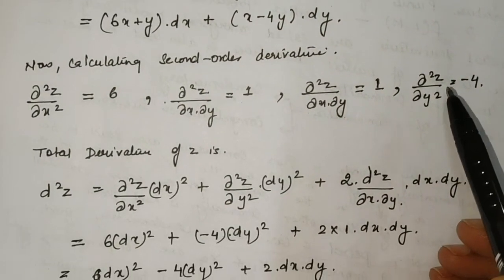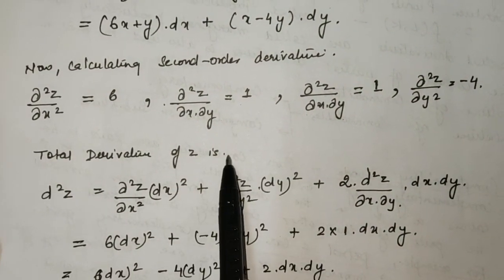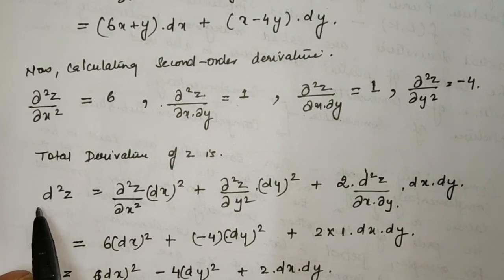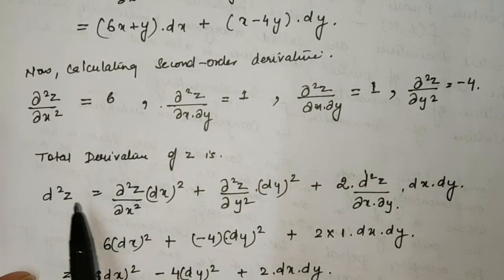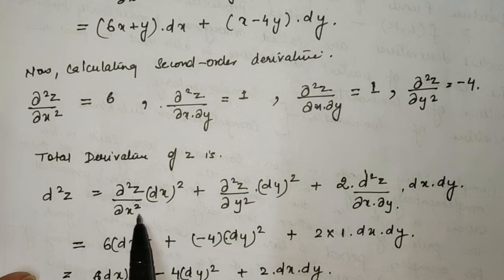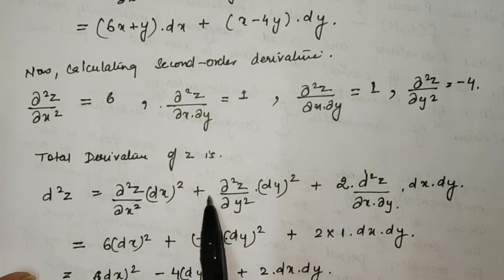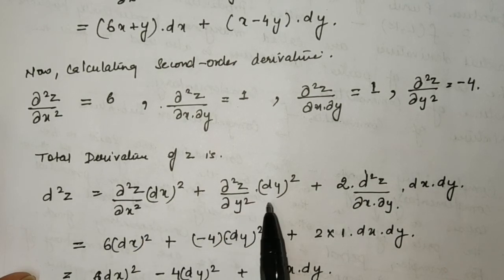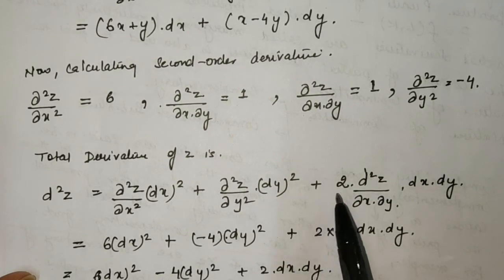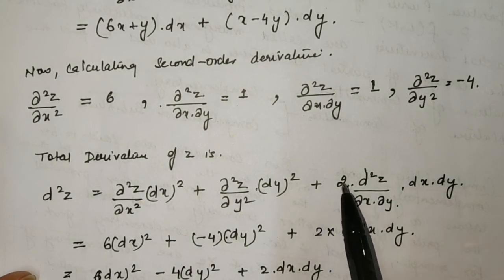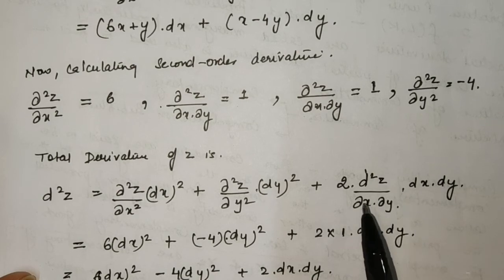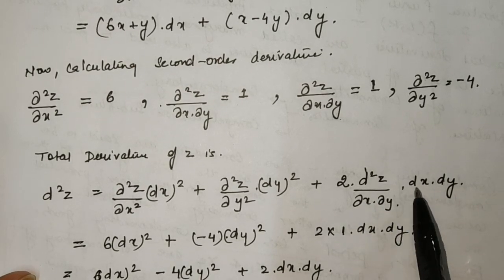Now we calculate the second order total differential of z. We discussed this formula in the previous lecture. So this is delta square z by delta x square into dx square plus delta square z by delta y square into dy square plus 2 or twice of delta square z by delta x into delta y into dx into dy.